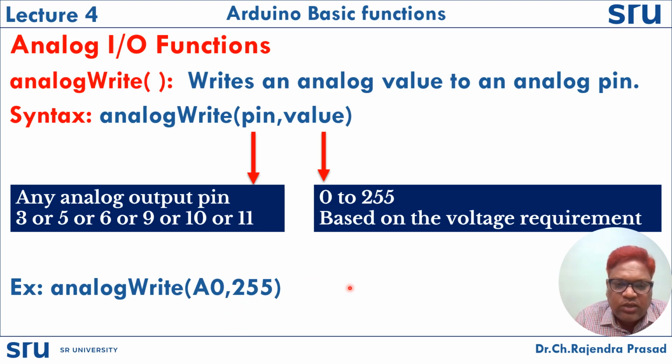If you want to write 5 volts, you can use 255. If you want 0 volts, you provide 0. Based on the resolution formula, you can compute and generate different voltages on the analog output pins.